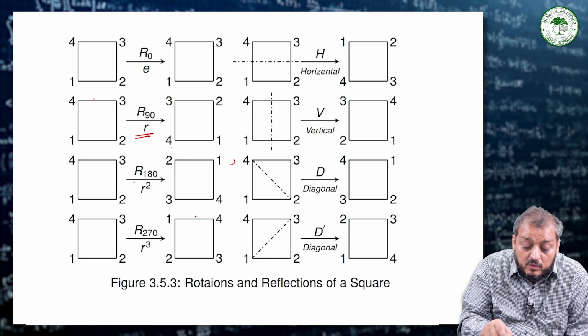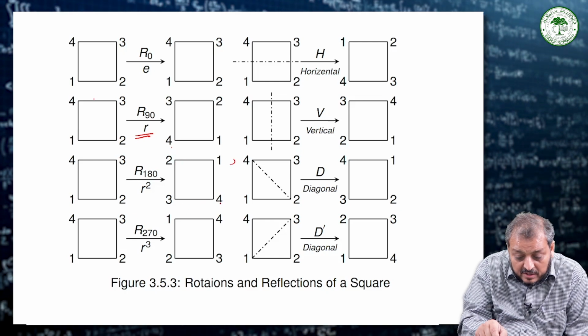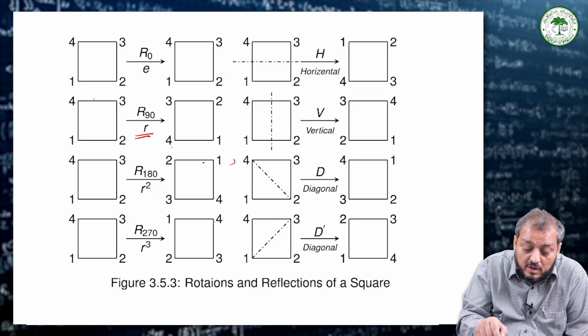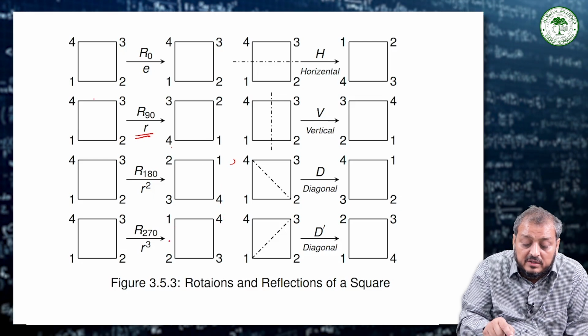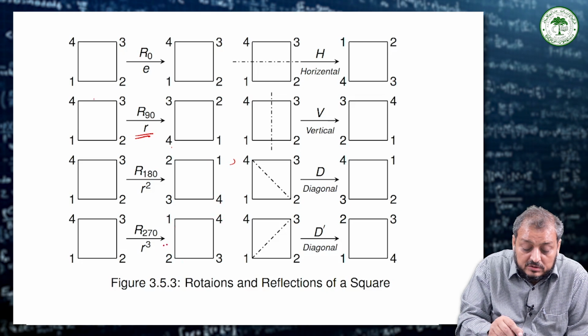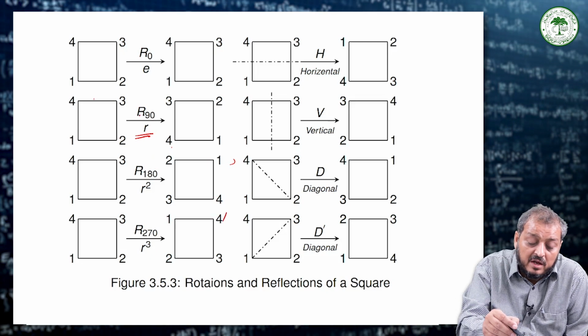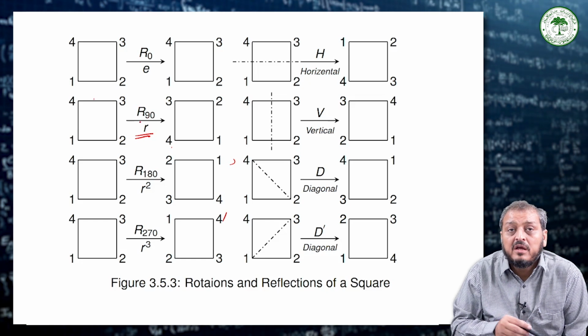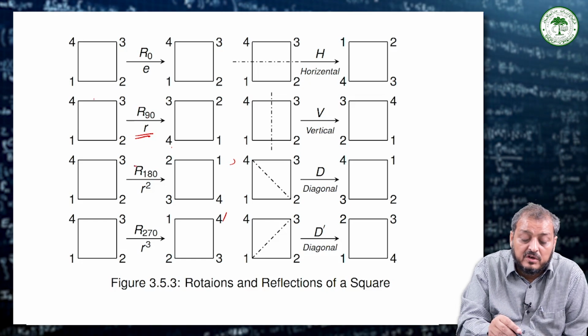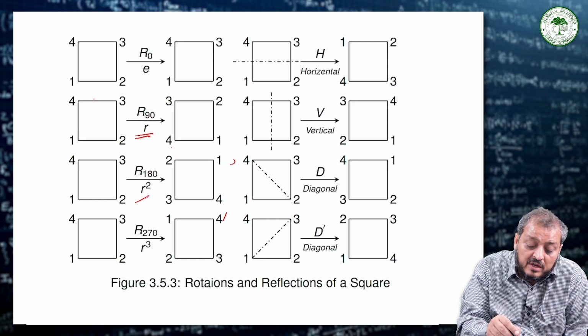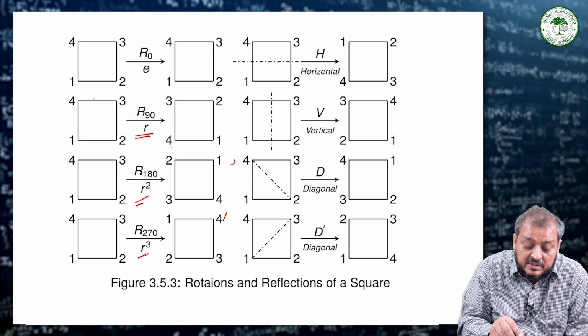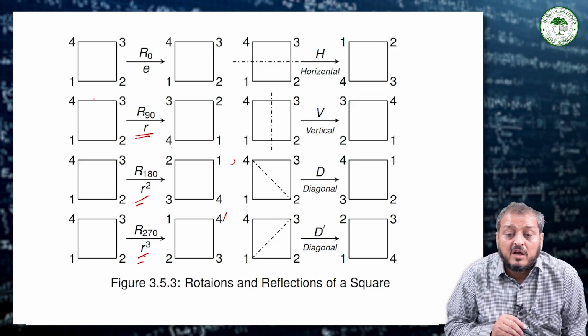And again we rotate by 90 degrees, so then 4 is equal to 4, and then we write it into this. So we denote this as E, and if we denote rotation by 90 degree as R, rotation by 180 degree is R square, and this one is R cube.